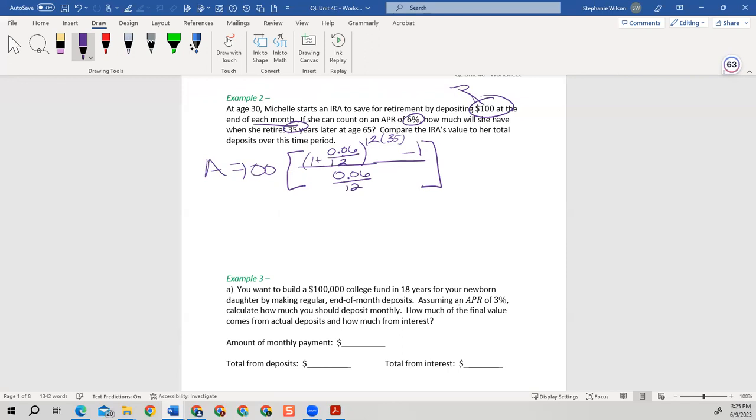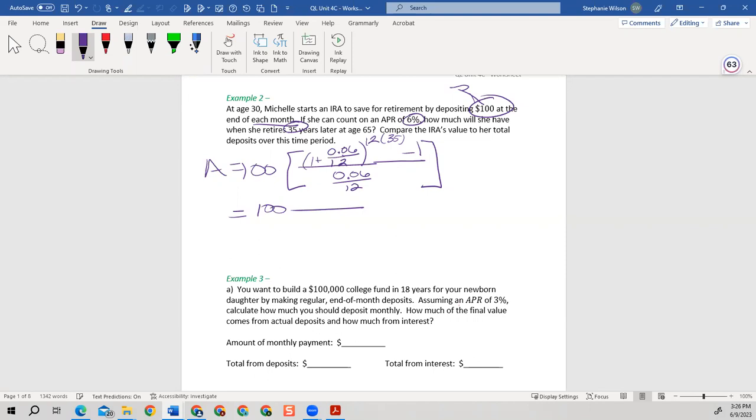All right, so let's do this, and let's do it in steps, just in case we have a typo. So I have 1 plus that fraction, 0.06 divided by 12. I'm going to raise it to the power of 12 times that 35, and then I'm going to subtract 1.